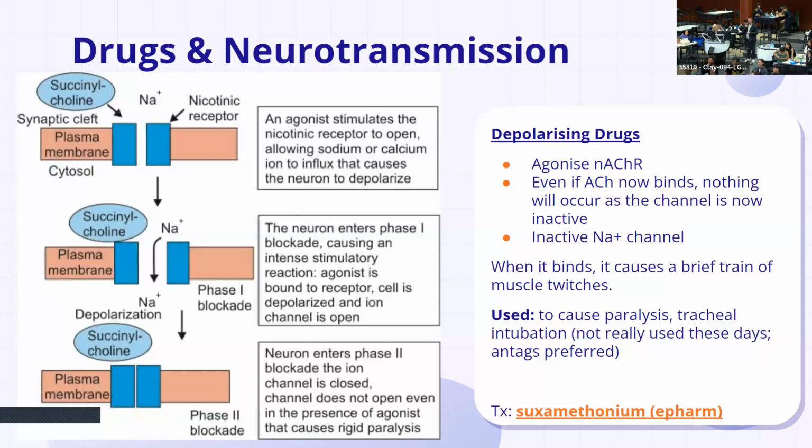But the issue, and the reason it's not really used, is because you are causing the channel to open, so you are going to get at least one or two action potentials fired down the neuron. As a result, you could get a brief train of muscle twitches, and that's going to lead to pain after the surgery or the intubation or whatever they're going to do. That's the reason that rocuronium is the preferred one.